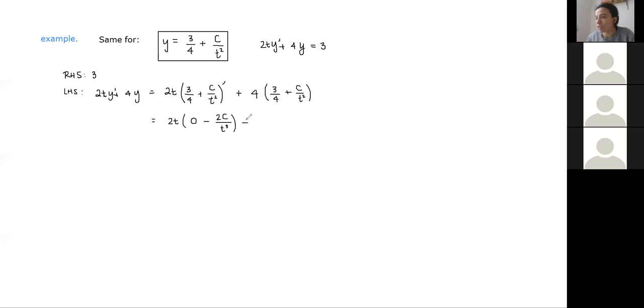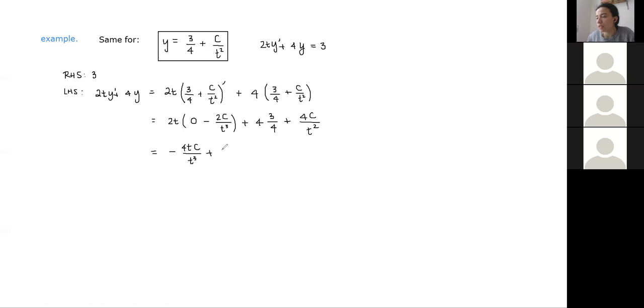So I'll have plus 4 times 3/4 plus 4 times c over t squared. Now, at this point, 2 times t times 0 is 0. And then I can distribute the 2 into this term, which means that I get minus 4 times t times c divided by t to the power of 3.